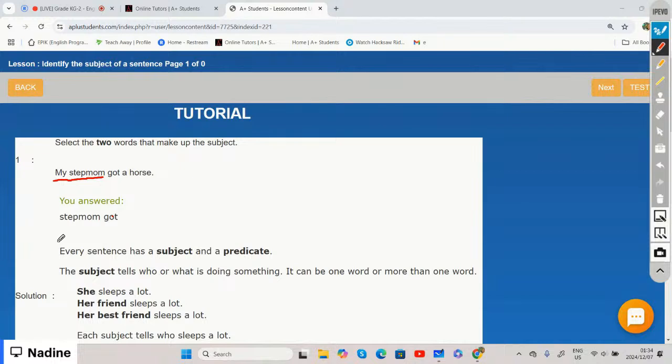All right. And if we were to select the two words, we said it is my stepmom. So my and stepmom.